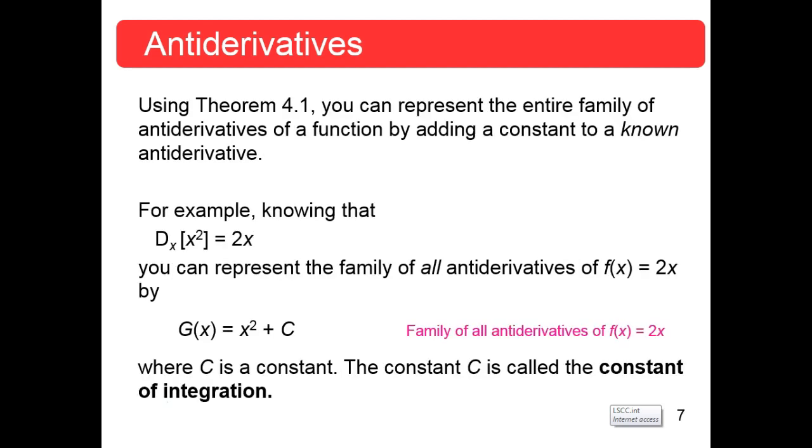Using that theorem, we can represent the entire family of antiderivative functions by adding a constant to the known antiderivative. For example, if you know that d/dx, that's what this D sub x stands for, of x squared is 2x, you can represent the family of antiderivatives of f of x equals 2x by any G of x equals x squared plus C. So when you do the antiderivative, you get x squared, add a C to it, and you've got the whole family of antiderivatives of f of x equals 2x, where C is a constant, and the constant C is called the constant of integration.